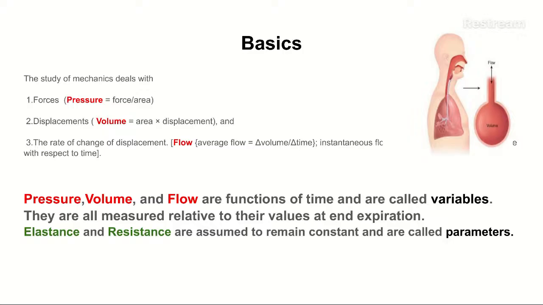It is simply by the last third formula. Flow is volume per unit time. So flow multiplied by time is volume. So if I know volume, I can infer about flow if I know the inspiratory time.